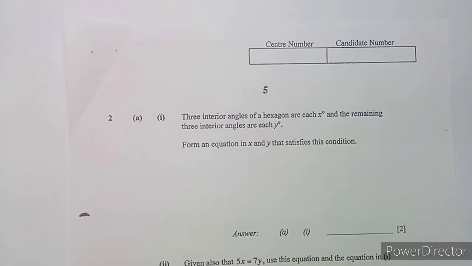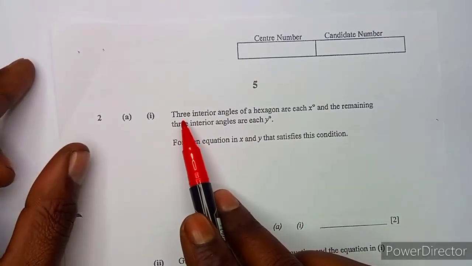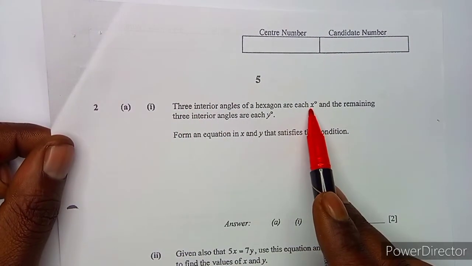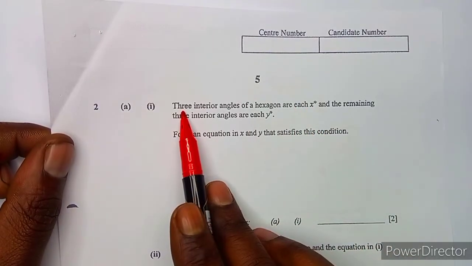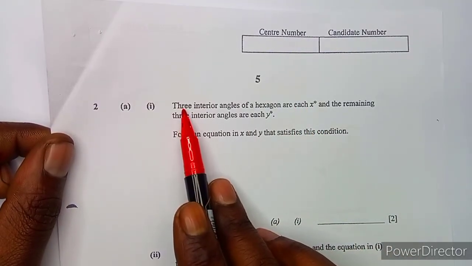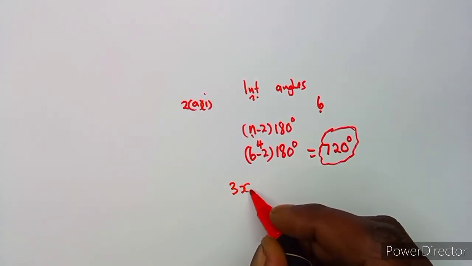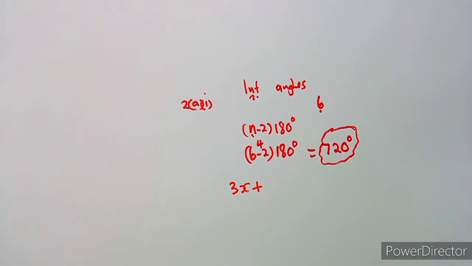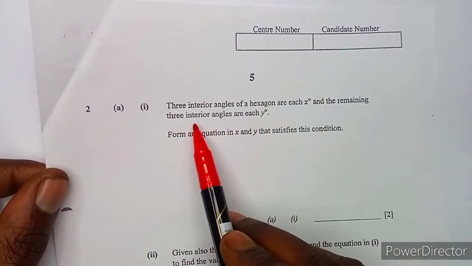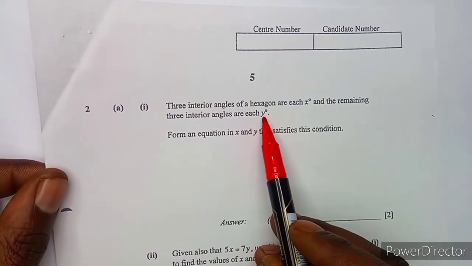Now we are given 3 interior angles which are each x, and there are 3 of them. So we are going to have 3 times x, plus we have the other remaining 3, each y degrees. So that is 3 times y.